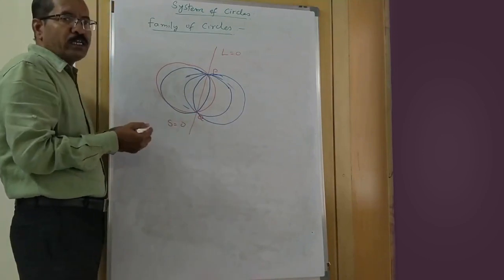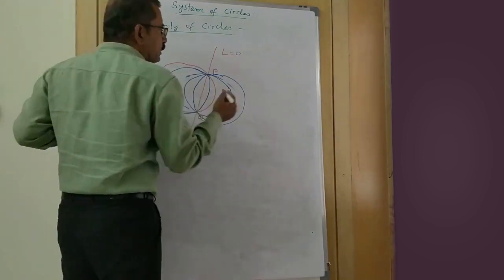Then how can you write the equation of the family of circles?